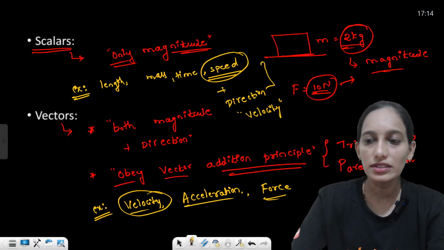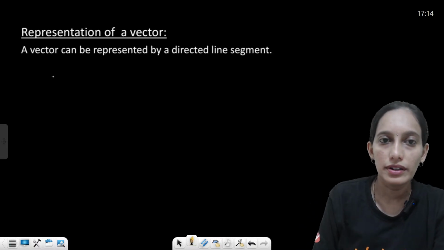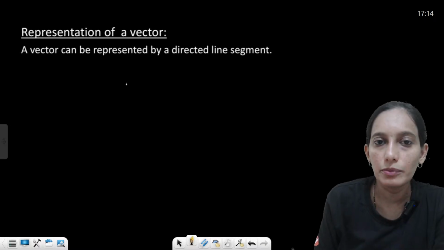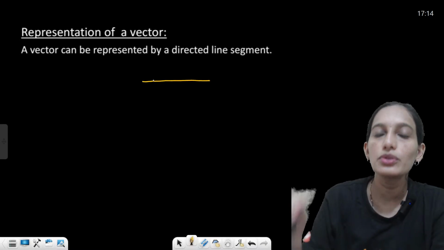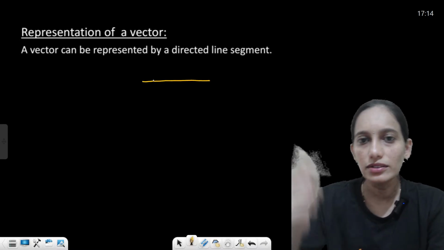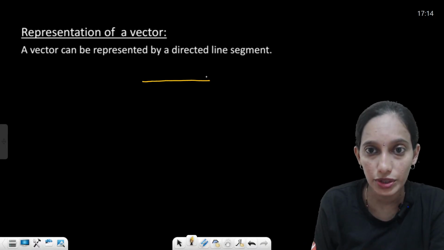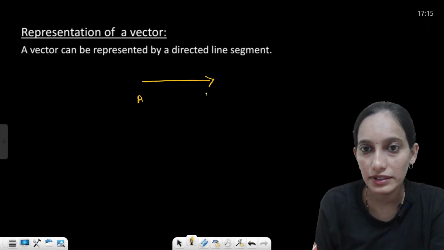So there is a standard method to represent a vector. A vector has magnitude, so we scale the magnitude of the vector to a line segment, and it also has a direction. So we put an arrow.